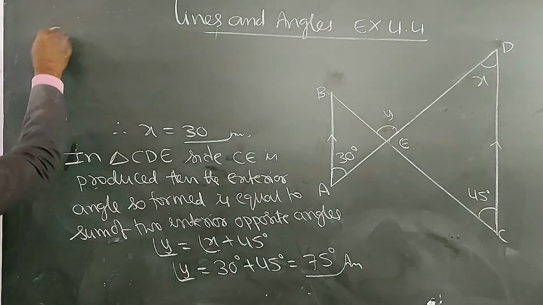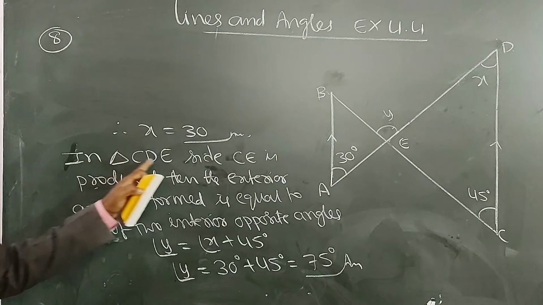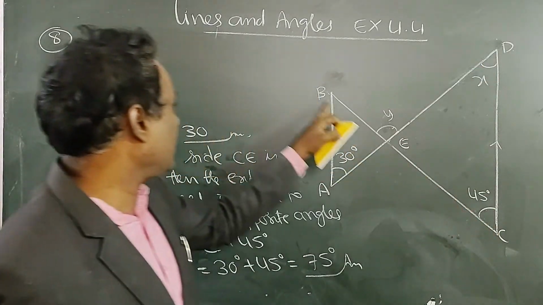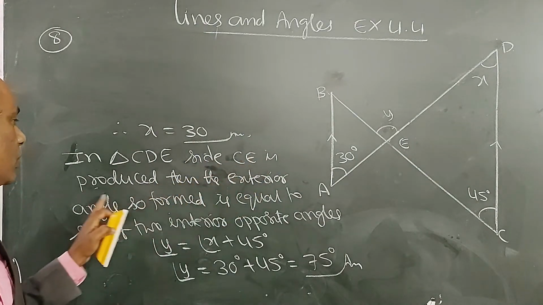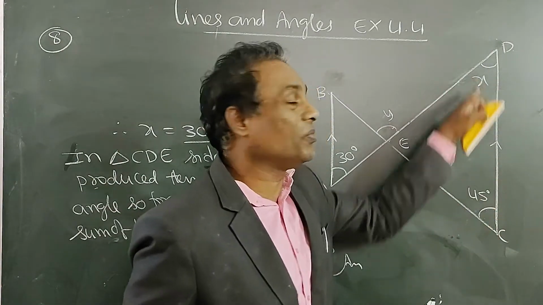Next, eighth question. In triangle CDE, the side CE is produced. The exterior angle so formed is equal to the sum of two interior opposite angles.